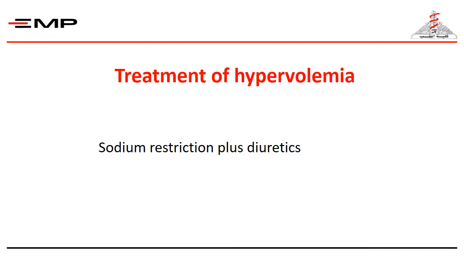The treatment includes, of course, to stop giving sodium and to challenge the kidneys to rapidly excrete water and sodium by giving diuretics. If the kidneys are unresponsive, like with renal failure, and the pulmonary edema is severe, urgent dialysis will be needed.